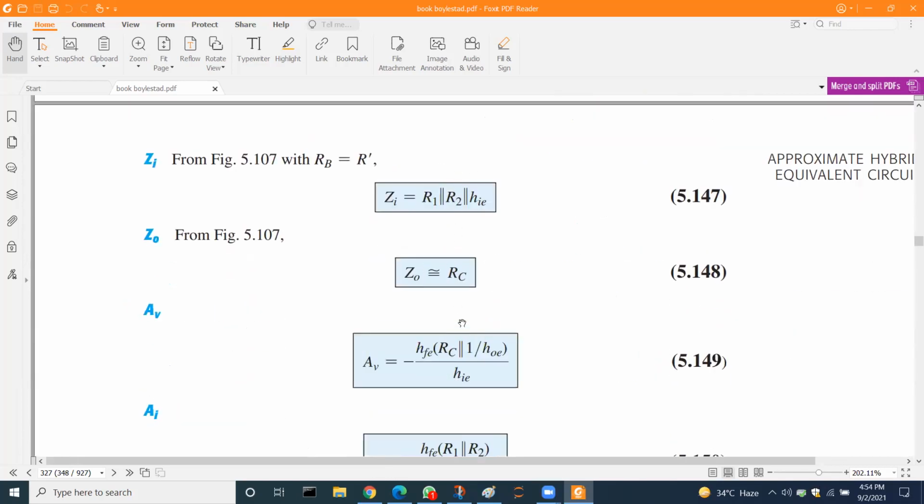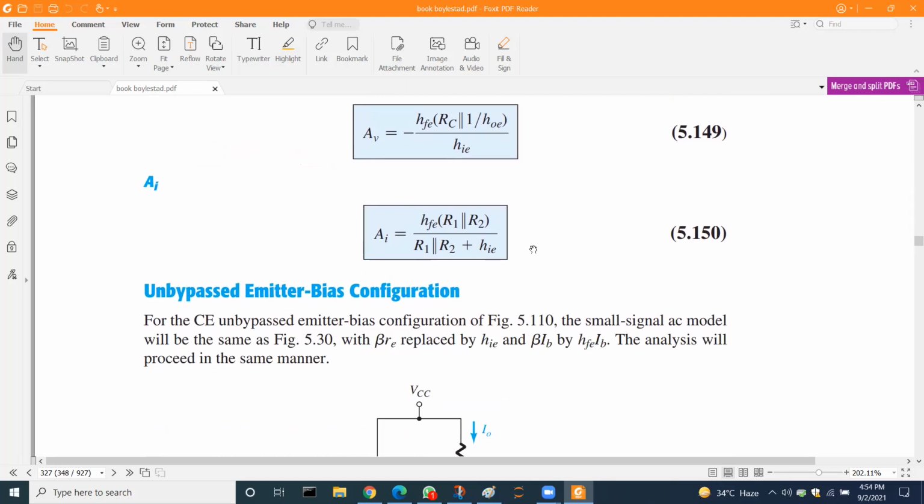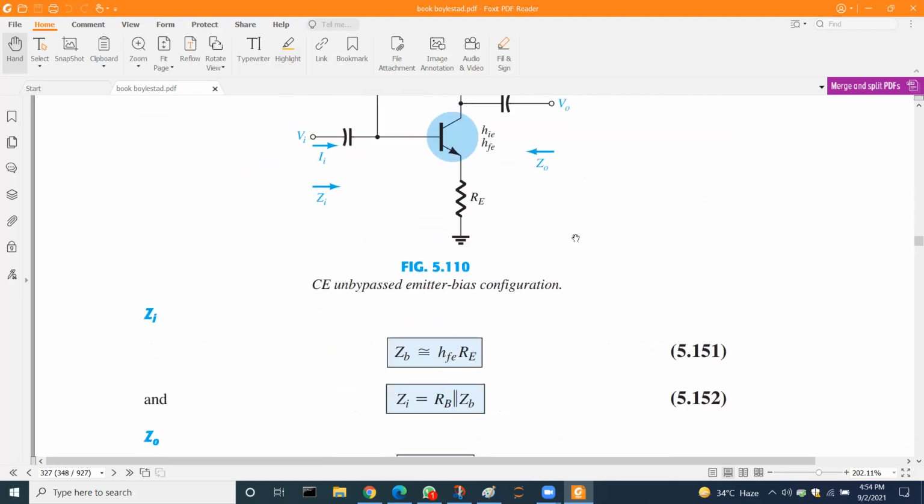So these are the formulas which we use. As you can see, the input impedance is the parallel of the input side resistances. Output resistance is RC. Similarly, we have the formula for the gain and the formula for the current gain. So we use these formulas to find the output.